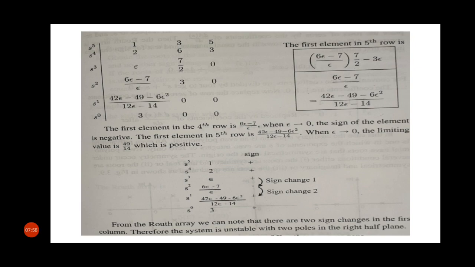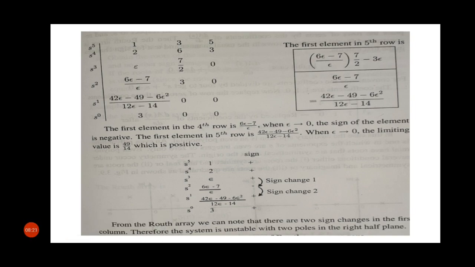When epsilon tends to 0, the limiting value is 49/14, which is positive. So from this Routh array, see the table.